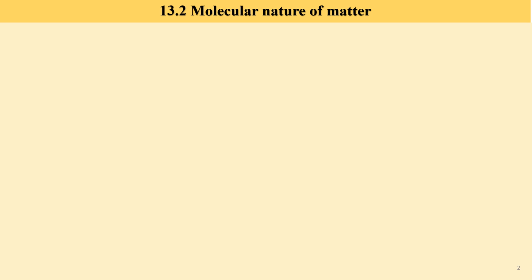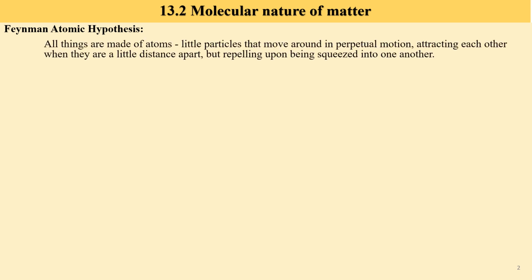According to Feynman's atomic hypothesis, all things are made up of atoms, little particles that move around in perpetual motion, attracting each other when they are a little distance apart, but repelling upon being squeezed into one another.